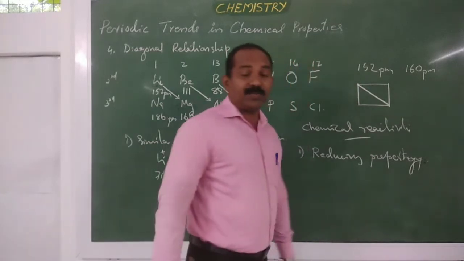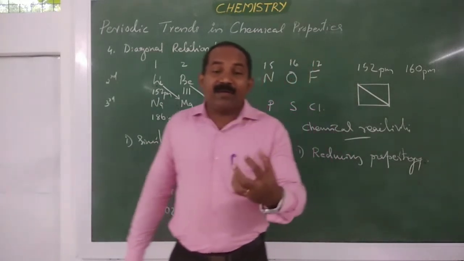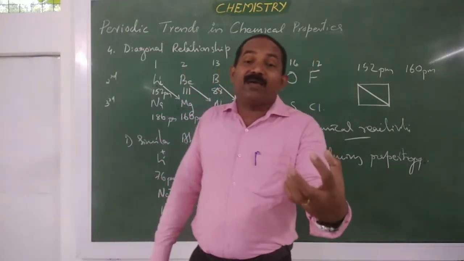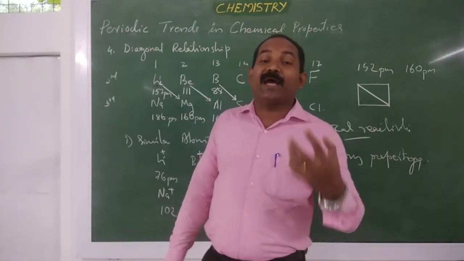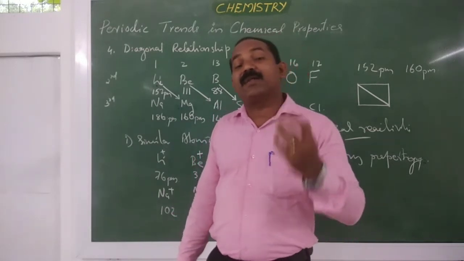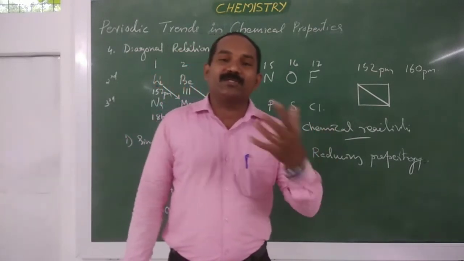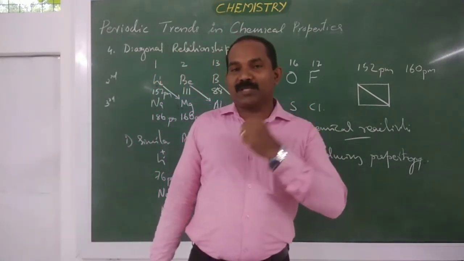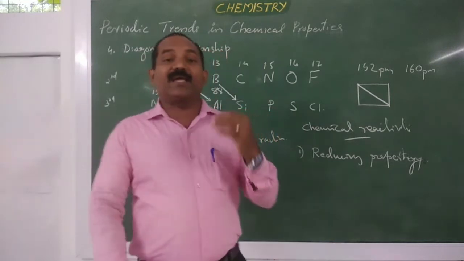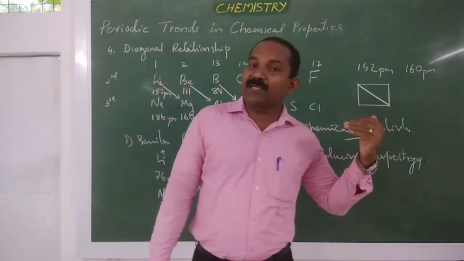What is reducing property? An element that easily gives up electrons has a higher reducing character. So reducing character decreases from left to right.